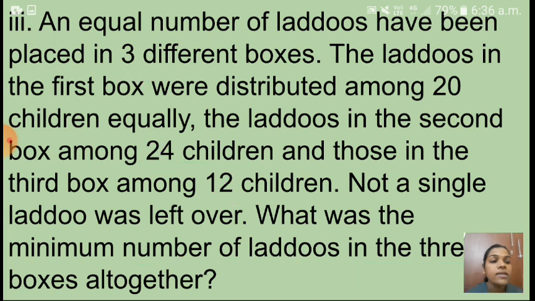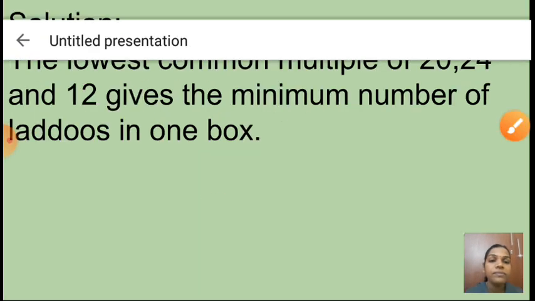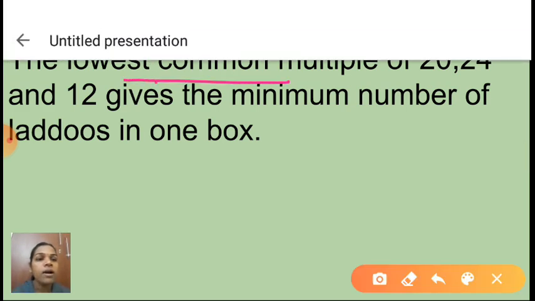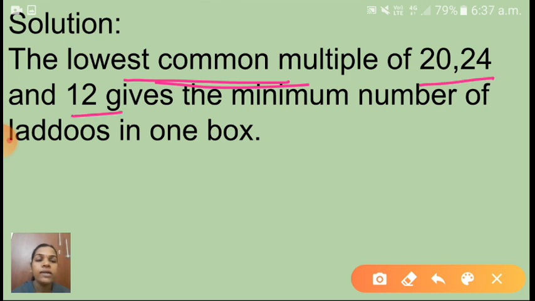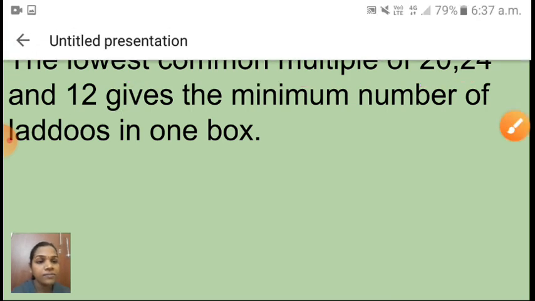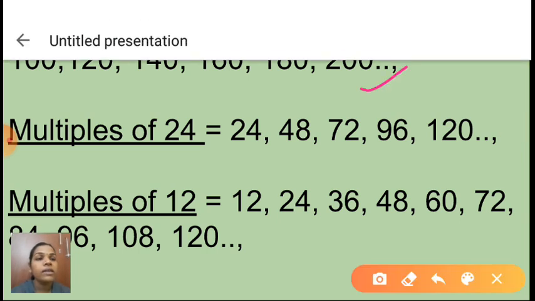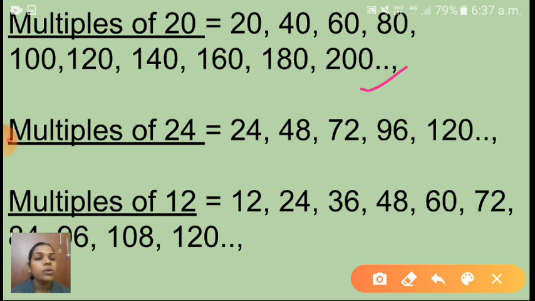Okay, children, see here, first one is: the lowest common multiple of 20, 24 and 12 gives the minimum number of laddus in one box. So for this we have to find the LCM of 20, 24 and 12. Are you ready, children? See here, the multiples of 20 I have written: 20, 40, 60, 80, up to 200.